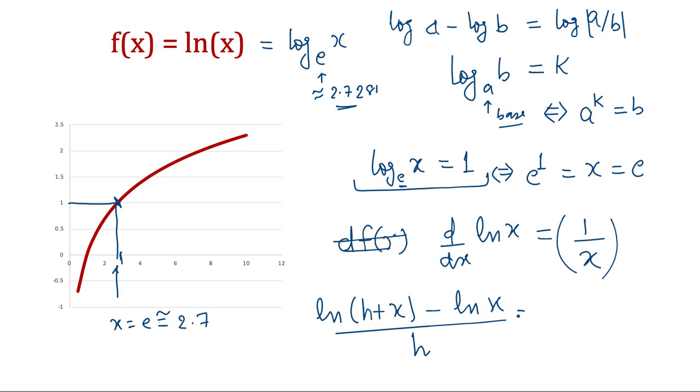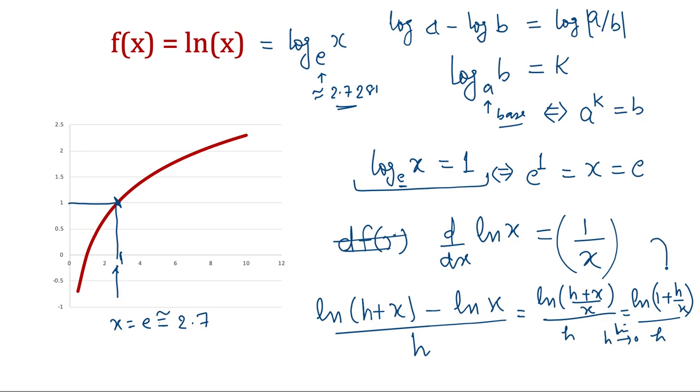So the numerator becomes ln of (h plus x) divided by x, and the denominator remains the same. And this is again ln, this x goes away by 1. So we have 1 plus h over x in the numerator and h in the denominator, and everywhere you have to write this limit. Now we can expand this term.